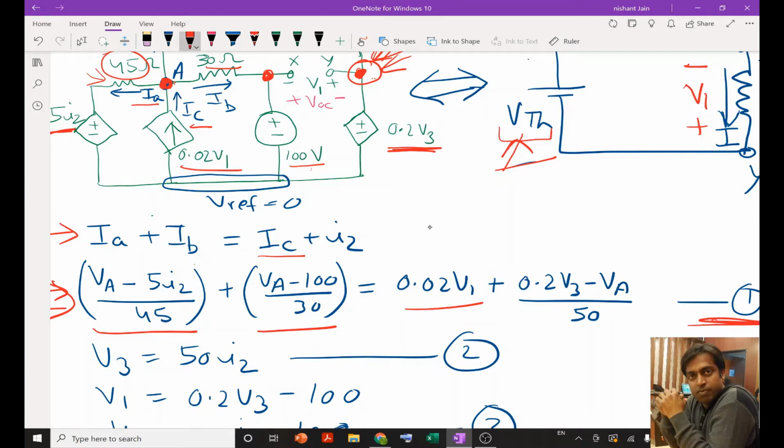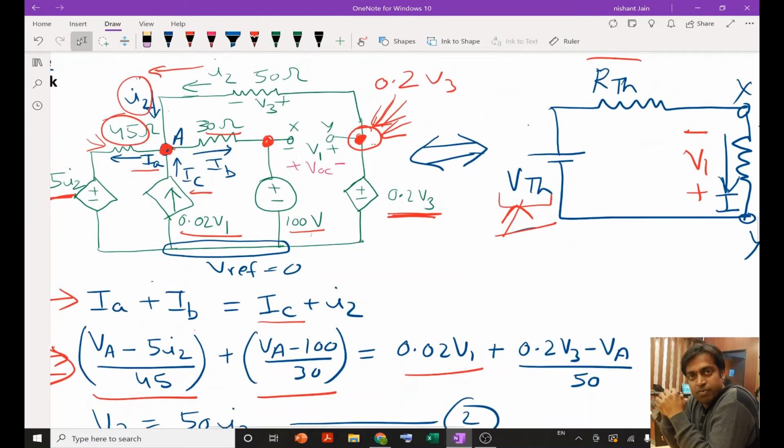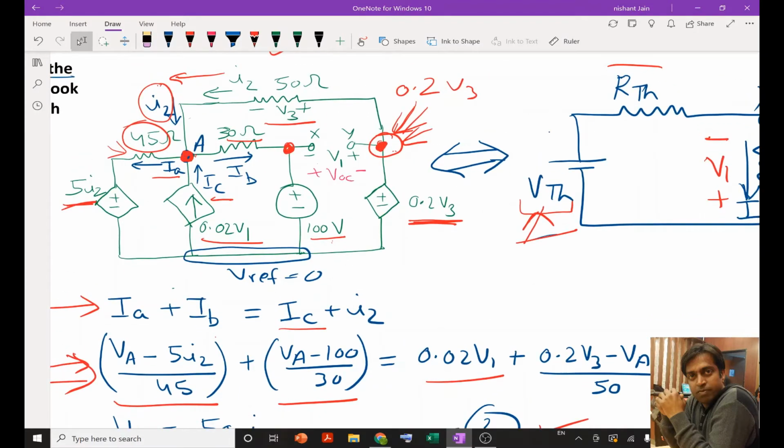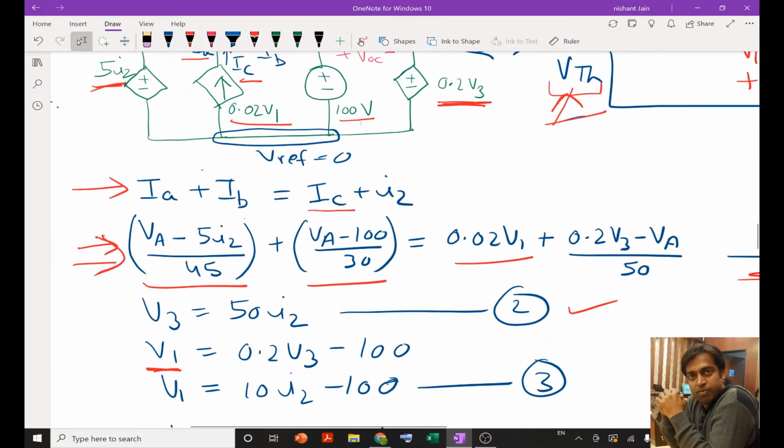Now if we see our circuit, the value of V3, since V3 is the potential drop across 50 ohm, will be 50 I2. This will become our second equation. Now I want to get the value of V1. The value of V1 is equal to 0.2 V3 minus 100.